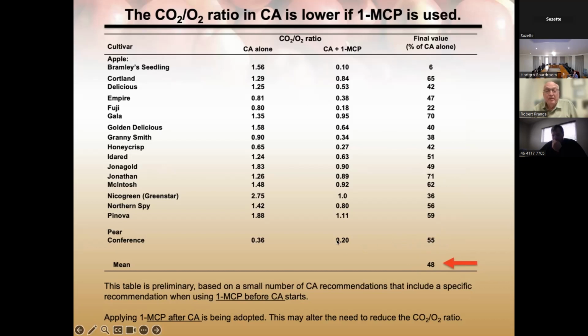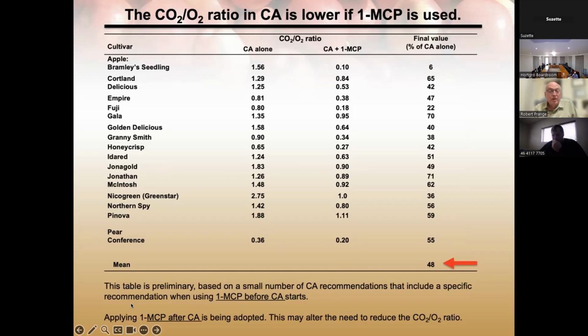So this is preliminary because it's difficult to get this kind of information. So I have a small data set. I have a lot on CA alone, but very few of CA plus MCP. This is important to note here, that this is MCP applied before CA starts.